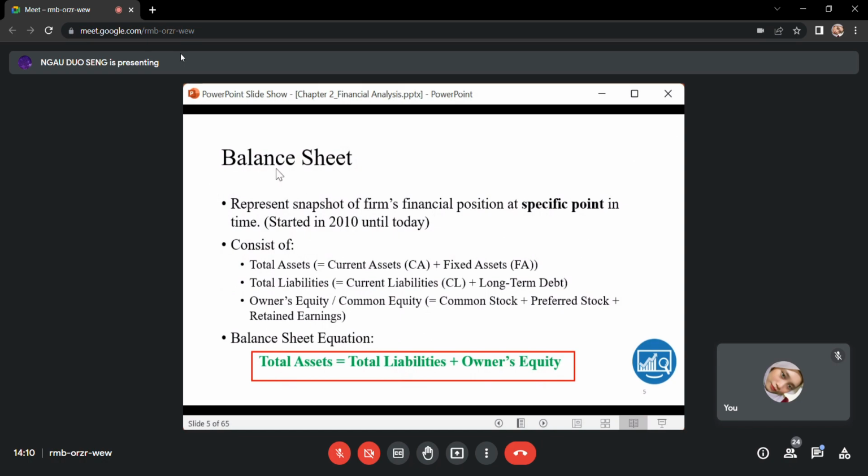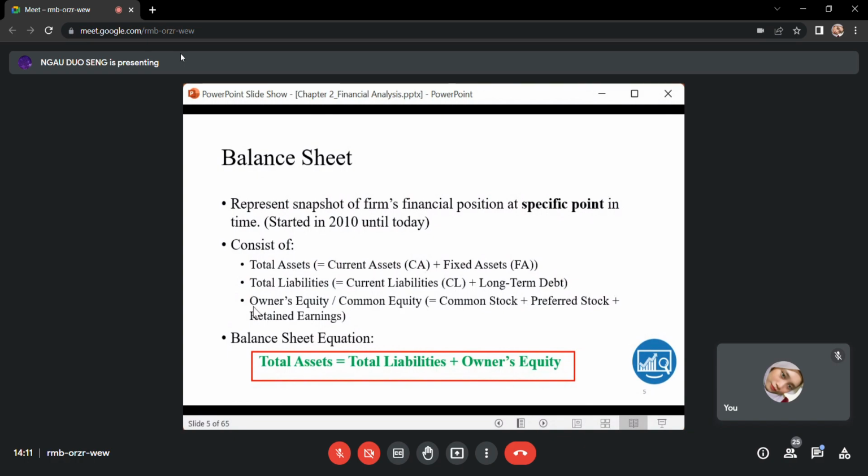So in the balance sheet, apa dia record? Dia record total assets. Right, total assets have current assets and fixed assets. Then total liabilities equal current liabilities, CL, plus long-term debt.